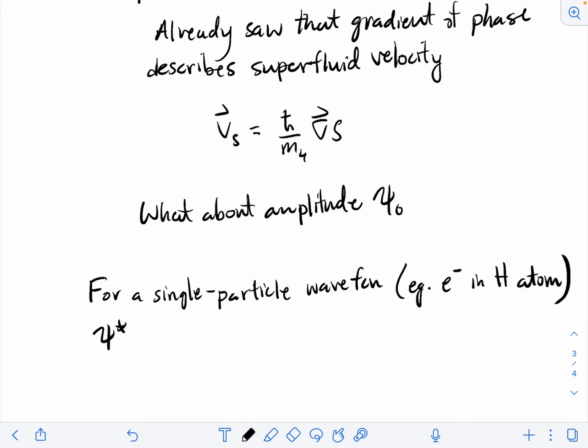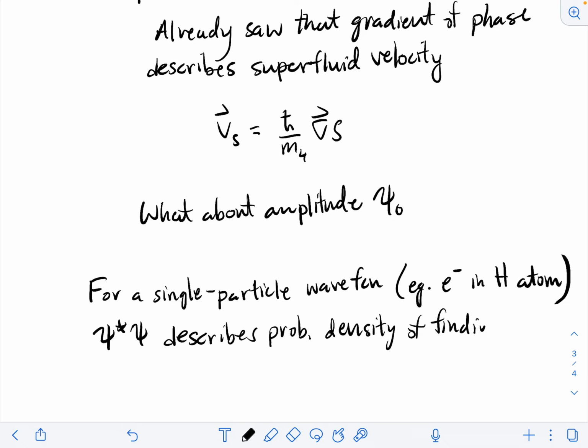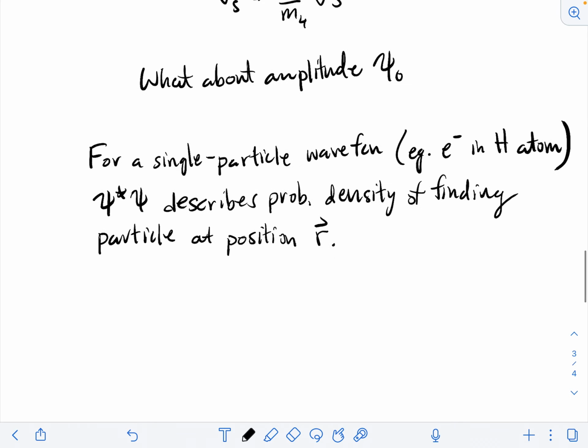When we take the absolute square, what it tells us is the probability density of finding the particle, or the electron in our case, at a position r. Okay, so these wave functions are position dependent, and so the square of the wave function tells us this probability density.